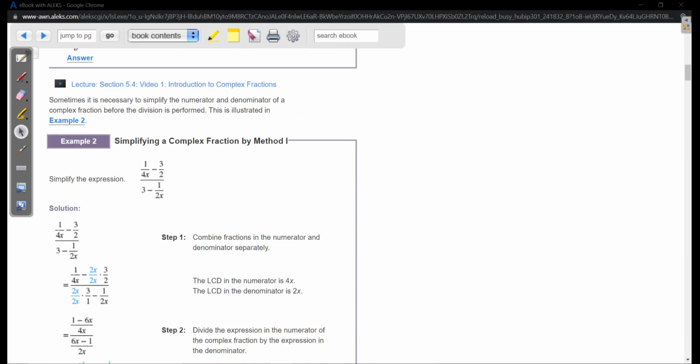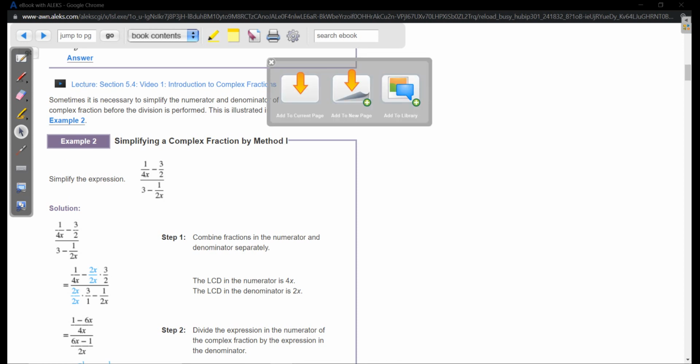Now this is no bueno. Again, this is by method one. Method two is multiply. So method one basically is you deal with each individual fraction independently. Method two is you get a common denominator of the entire fraction.